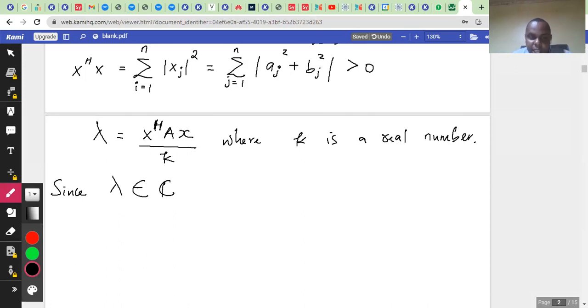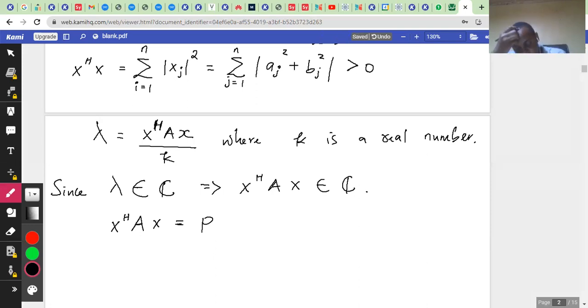And since lambda is a scalar, then you're going to agree with me that the numerator, x^H A x, also has to be a scalar, right? So x^H A x has to be equal to some number p plus iq.